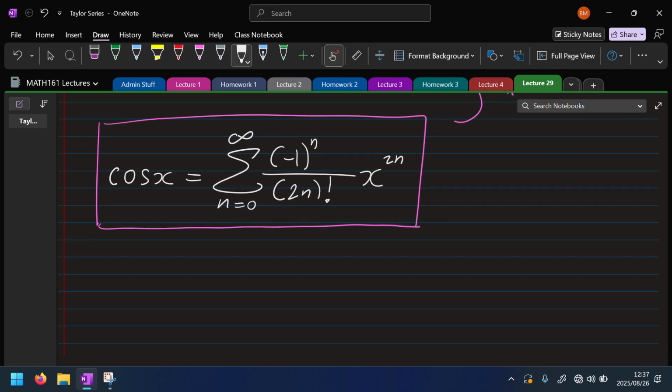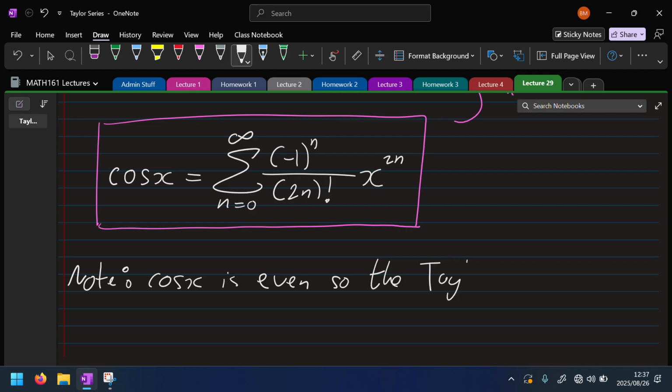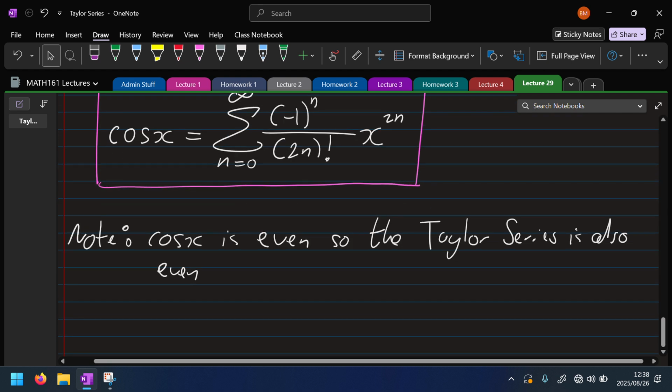Little notes. Cos x is even, so the Taylor series is also even. And the same thing for sine.